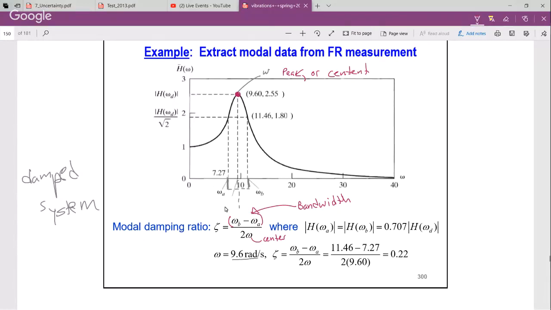To determine our bandwidth, we take that 2.55 and we multiply it by 1 over the square root of 2. I'll show you that slide.